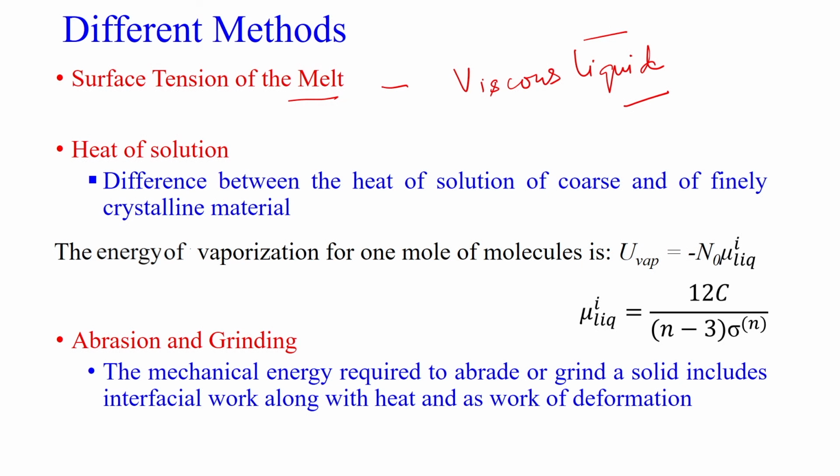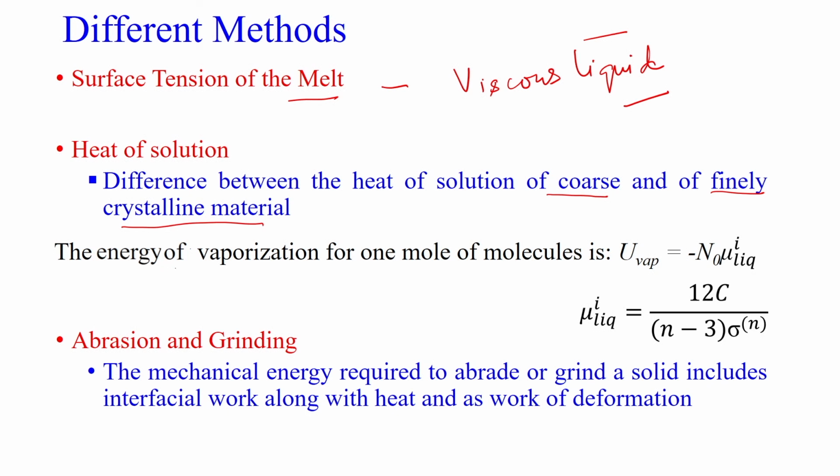For this we take two cases, one for a coarse crystalline material and second for a fine crystalline material, and we measure the heat of solution. Based on this, if it is coarse and if it is fine, there will be certain differences, and that difference can be correlated with the surface tension of solids.